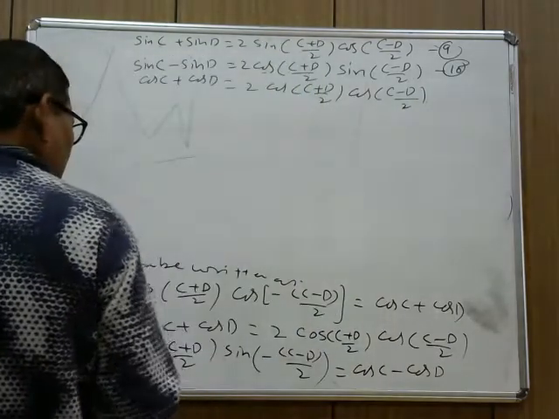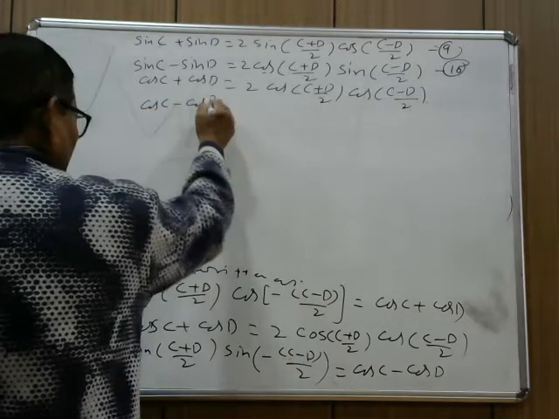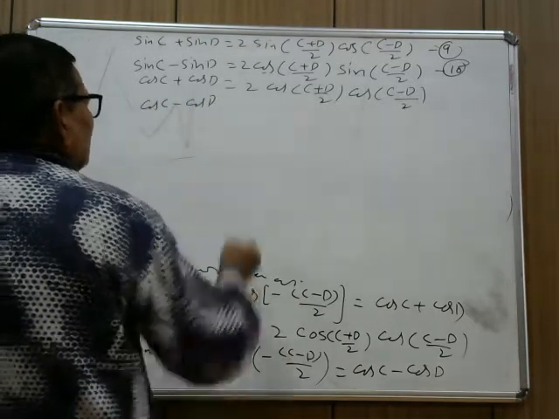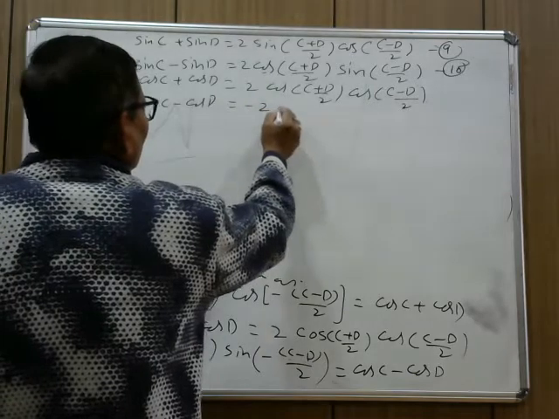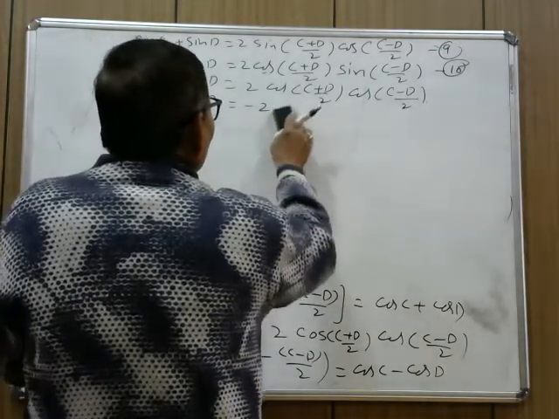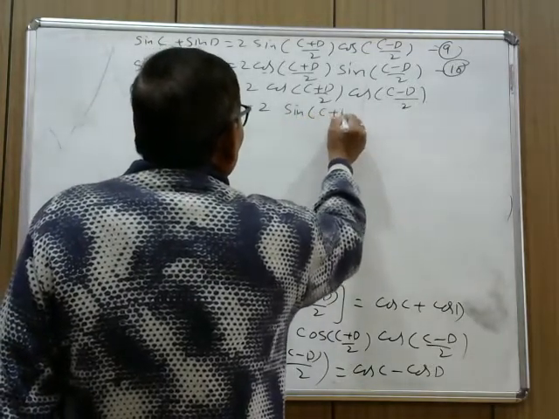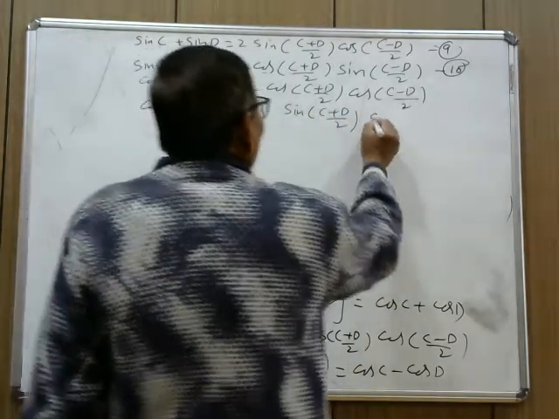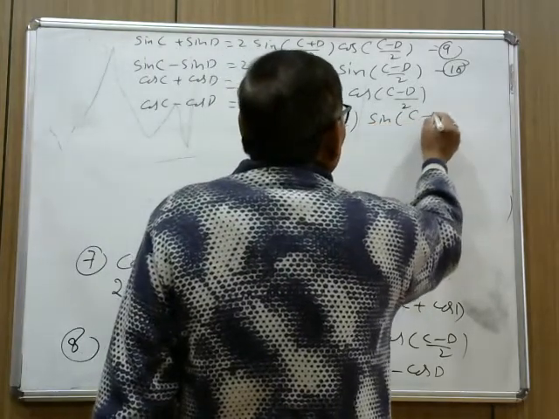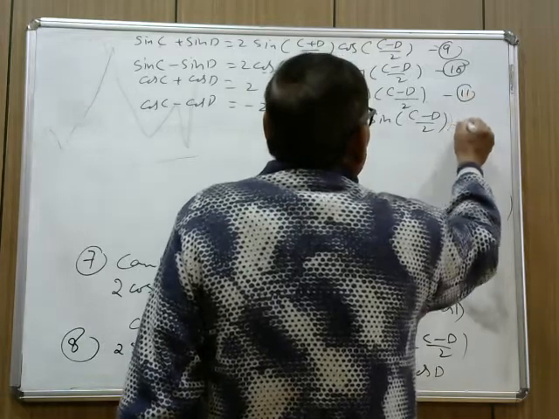And in this case cos C minus cos D: sin of minus theta is minus sin theta. So it is minus 2 sin (C plus D)/2 into sin (C minus D)/2. This is 11 and this is 12.